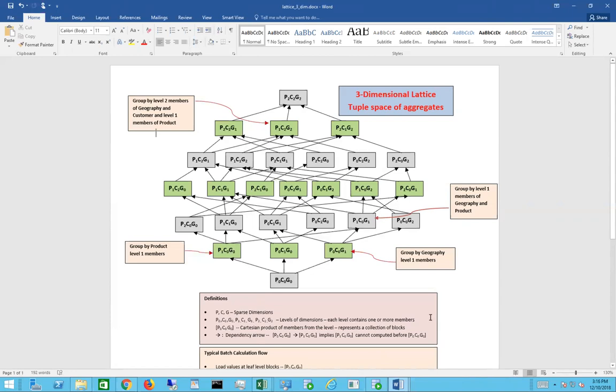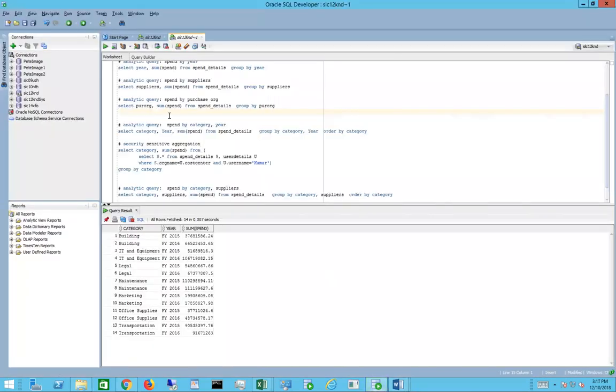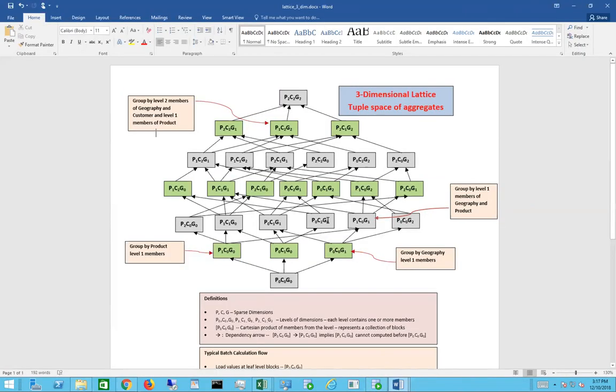This is why I'm saying all those aggregation queries are some point in this multidimensional space. This shows the generic case, so any analytic query is represented here.